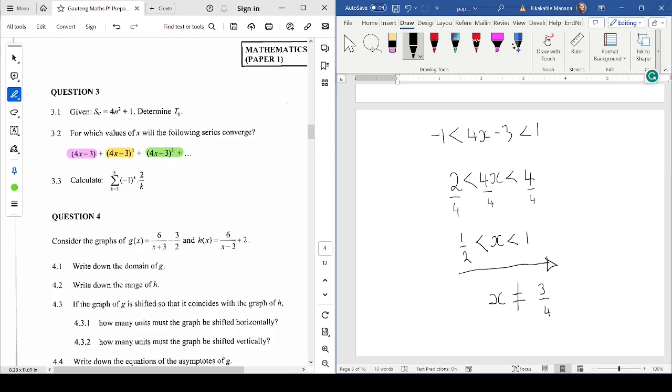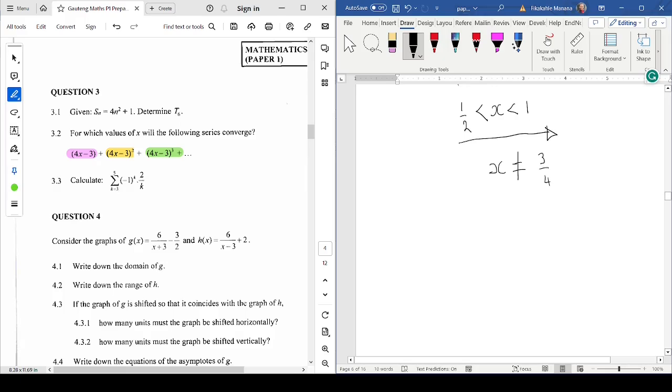It becomes 3 minus 3, which gives you a 0, which is incorrect. So this is a condition that x is between a half and 1. 3 over 4 is between a half and 1, isn't it? But we have to exclude it because it can never satisfy the conditions right there.